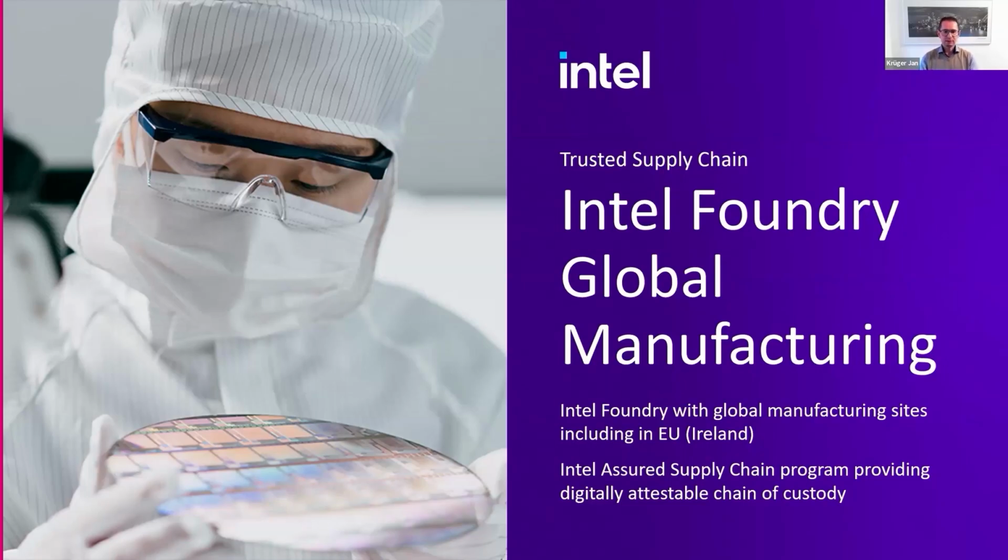It hasn't changed. There are no components being flipped. There are no components being changed. And that's true for hardware and the firmware itself. So that's why we call it trusted supply chain, because it gives you that assurance that the system you actually get into your sovereign cloud platform is trustworthy.